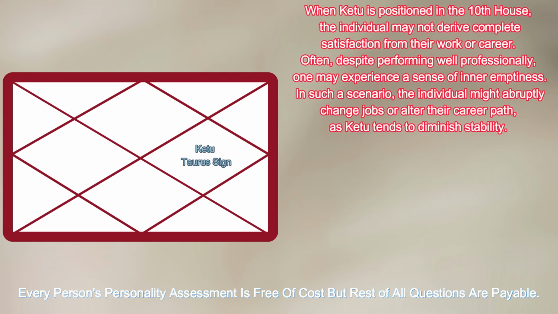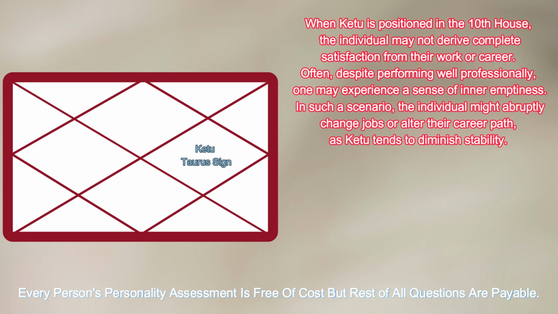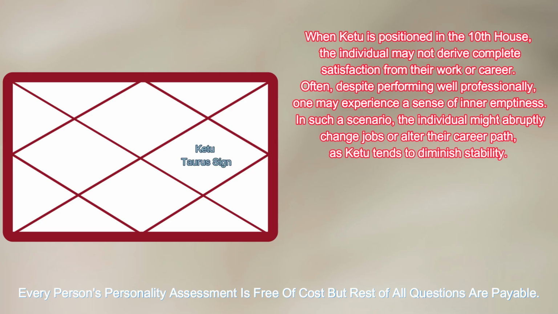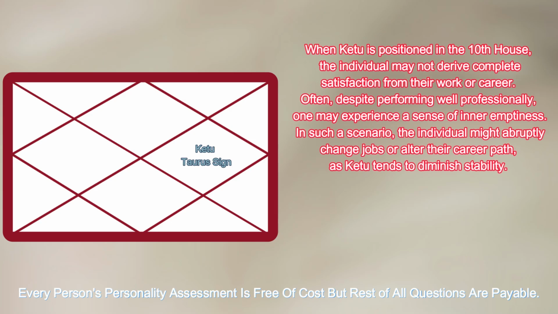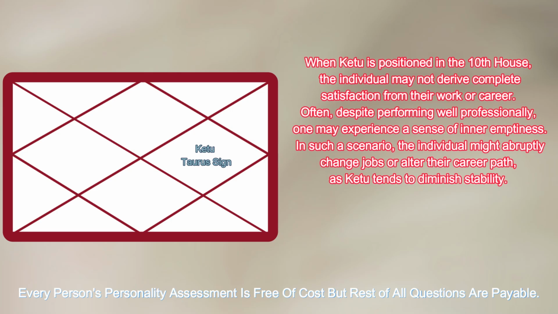When Ketu is positioned in the 10th house, the individual may not derive complete satisfaction from their work or career. Often, despite performing well professionally, one may experience a sense of inner emptiness.